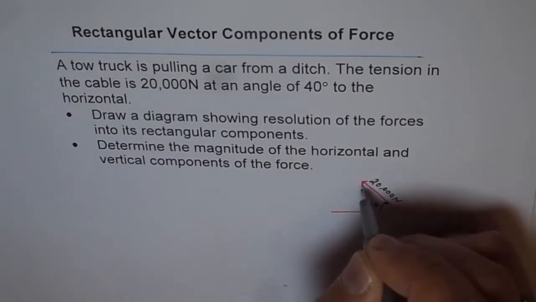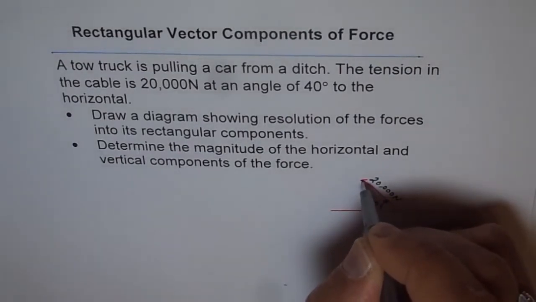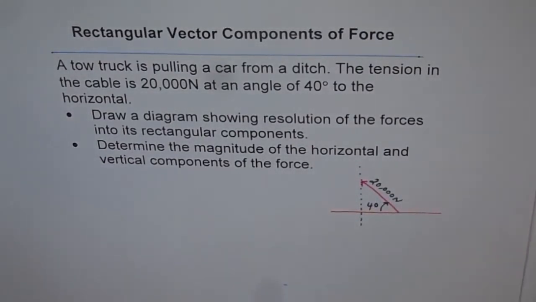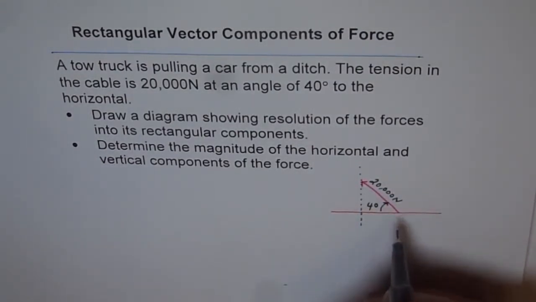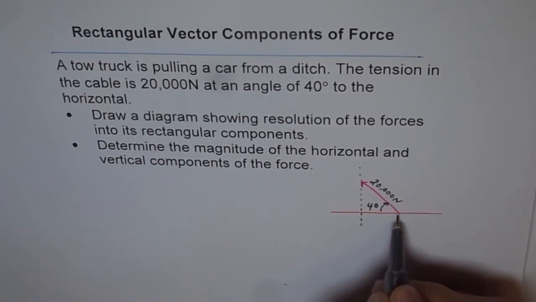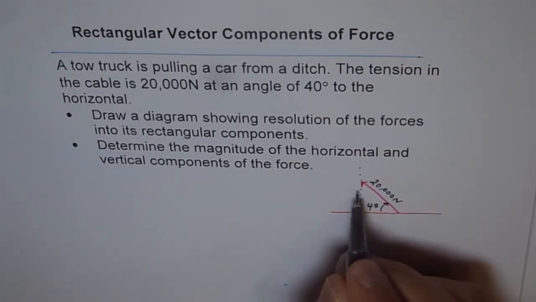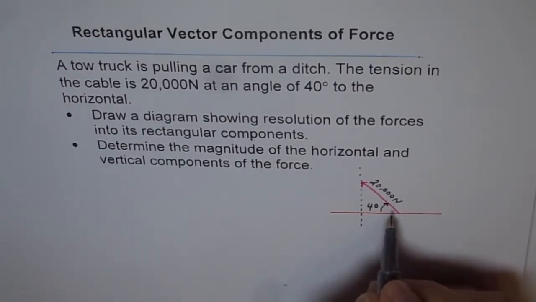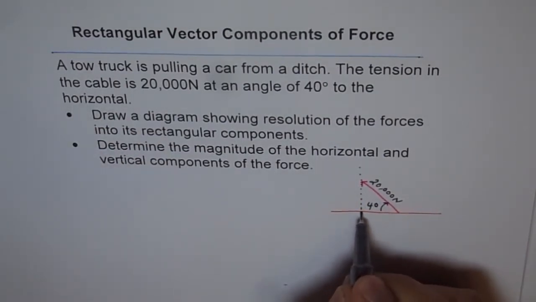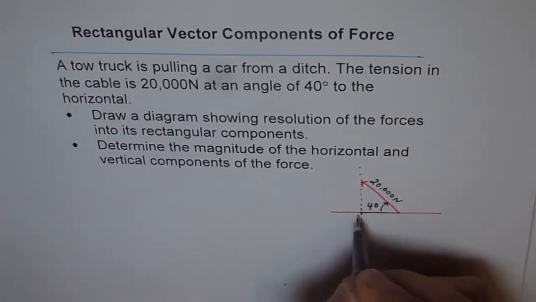So the way to do it is, from the head, drop a vertical line. Now if you see, this vertical line cuts the horizontal at a point. So the horizontal component is from the tail of this arrowhead, which represents the tension in this cable, to the point where it intersects the horizontal.